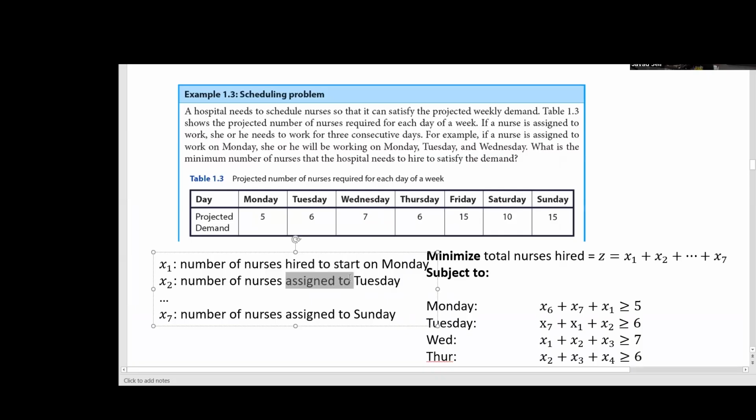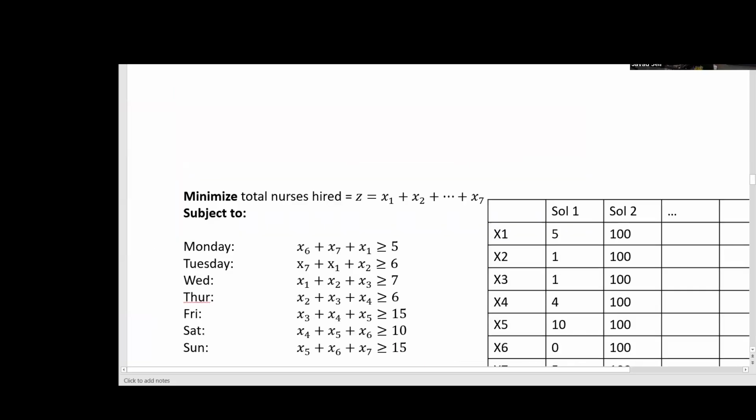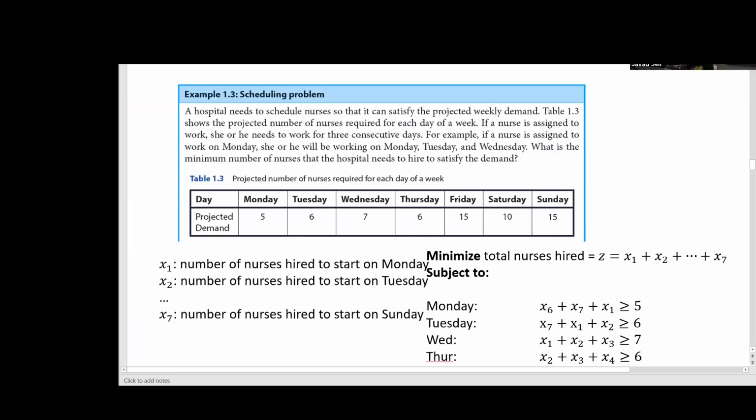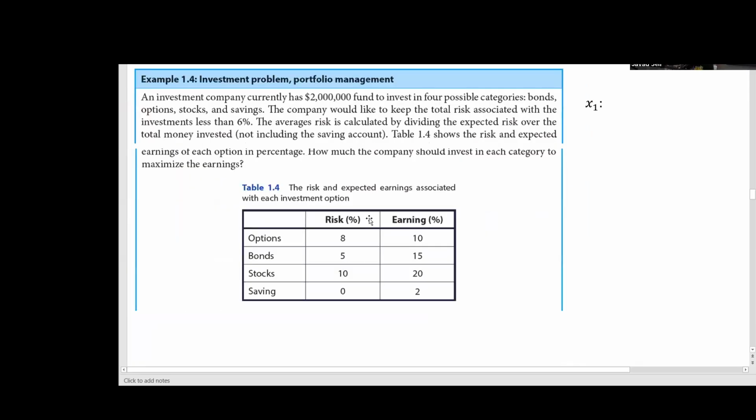In the previous one, X1 was the number of phones model A to produce. What is the definition of X1 here? Dollar amount of options. The amount invested in options.